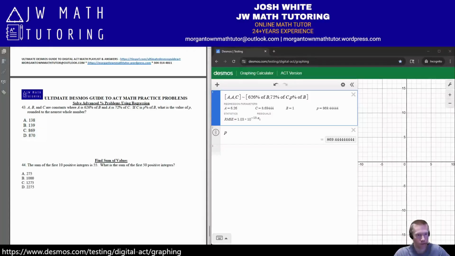So for this one, we can see the correct answer is going to be letter C, 869, because the 4 immediately after the decimal place would keep the 869 as it is and not round up.